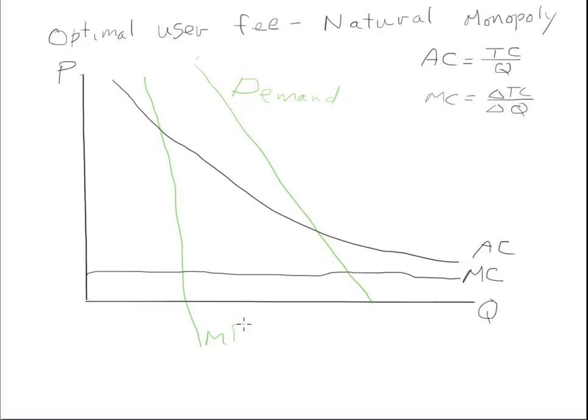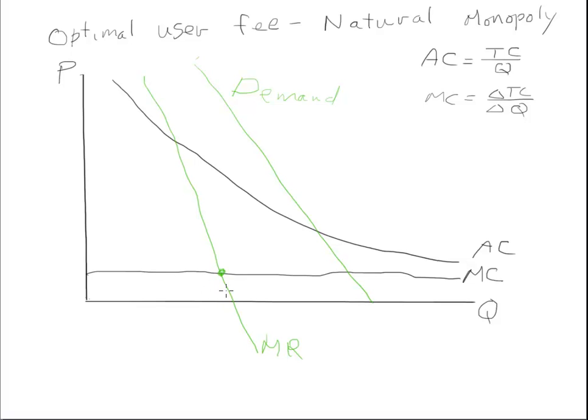There's my marginal revenue. Let's draw a slightly better marginal revenue curve. Does that look better? It's not perfect, but we'll say it works. I'm trying to make it about twice the slope of demand.